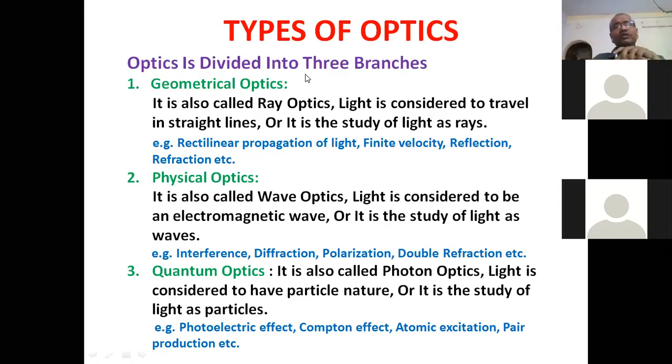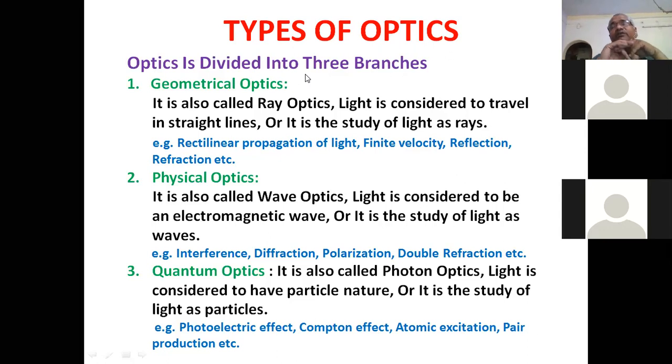Ray of light or beam of light we can show using lines, and the phenomenon which can be explained on the basis of geometrical optics is the rectilinear propagation of light, which means light travels in a straight line.